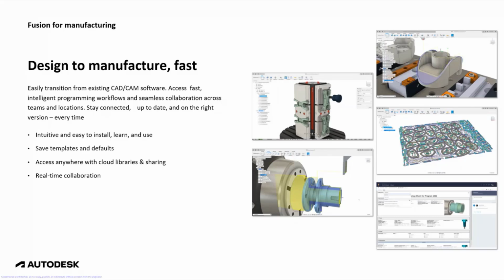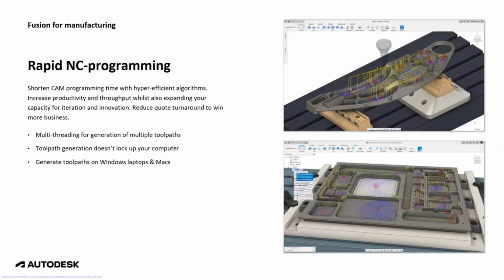Access anywhere with cloud libraries and sharing and real-time collaboration. Rapid NC programming: shorten CAM programming time with hyper-efficient algorithms, increase productivity and throughput, while also expanding your capacity for iteration and innovation. Reduce quote turnaround to win more business.